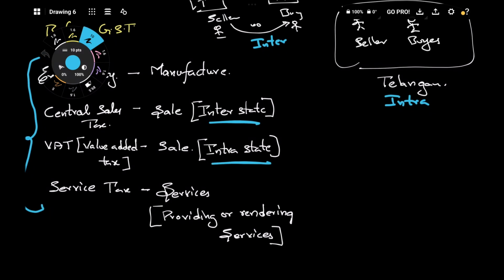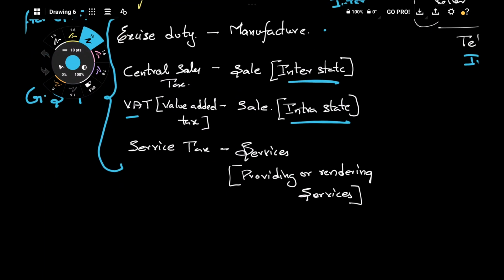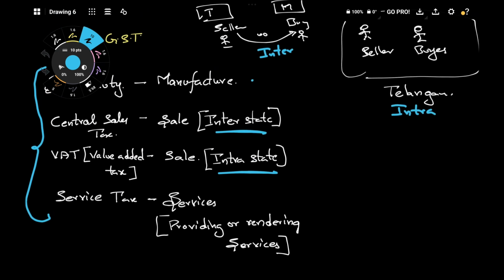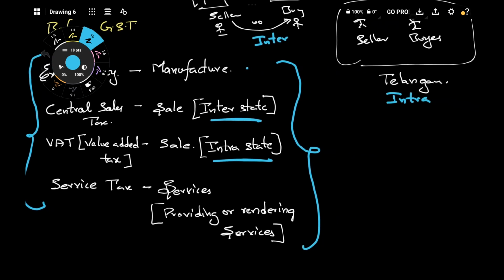Excise duty is on manufacture, CST is on interstate sale, VAT is on intrastate sale, service tax is on providing or rendering services. For all these words, manufacture, sale, service, providing or rendering service, all have been removed from the tax, and a single word is given to whole GST. Okay, that single word is supply.